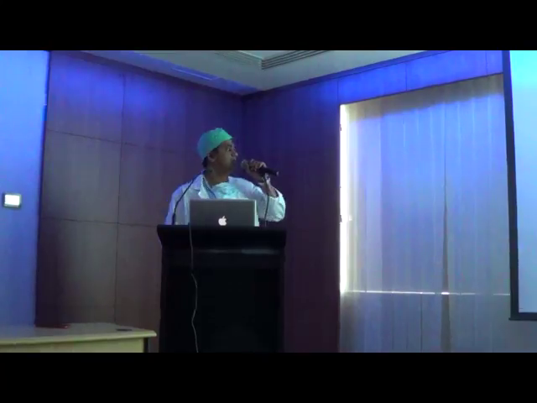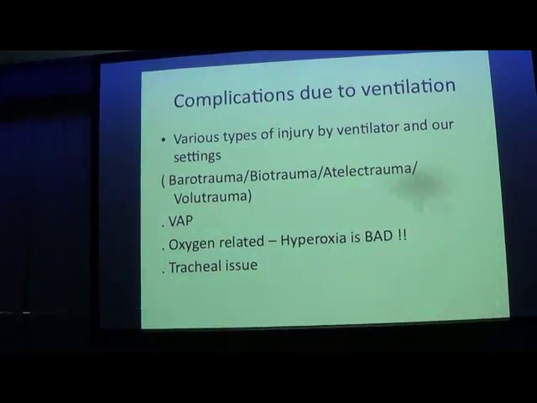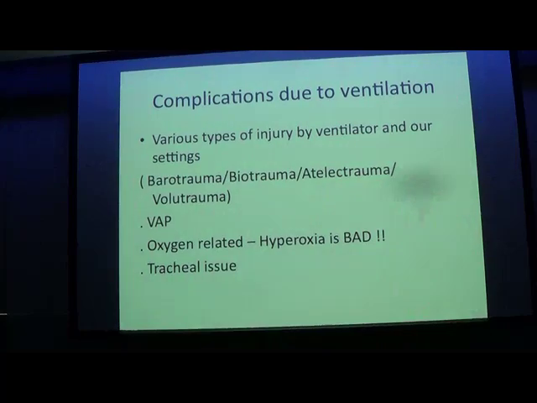Before ventilating ARDS, let us see what complications due to ventilation happen. There are various types of injury due to our ventilator, ventilation mode or settings: barotrauma, biotrauma, atelectatrauma, volume trauma.